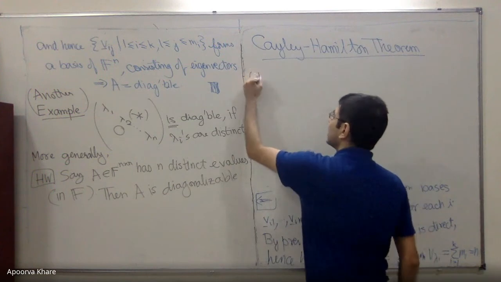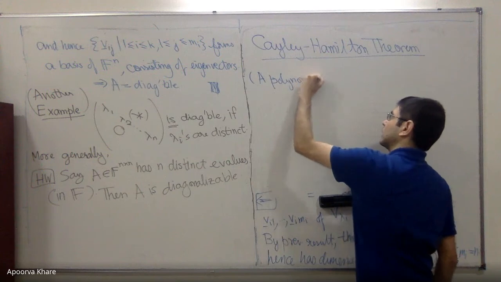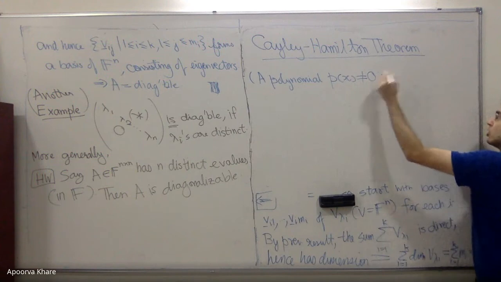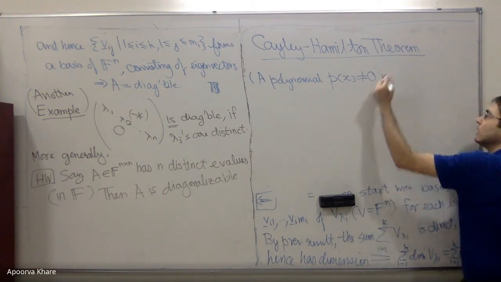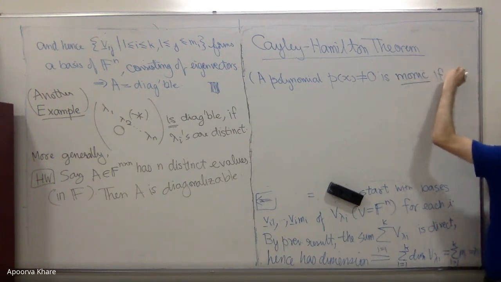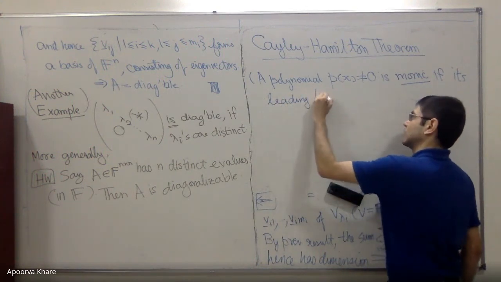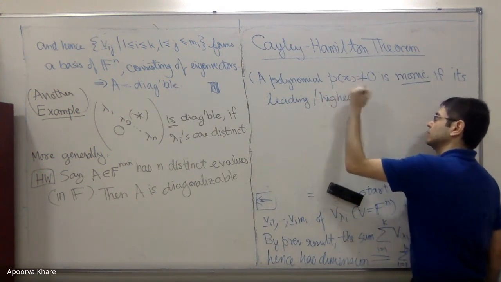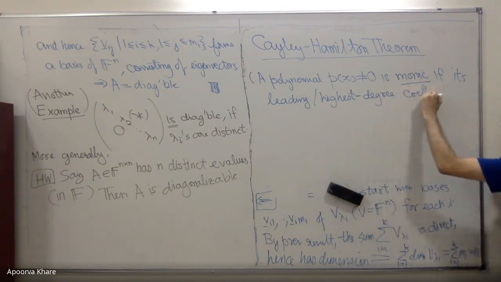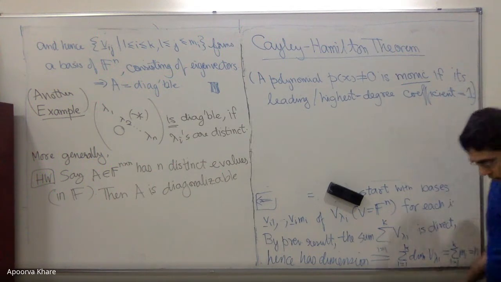So let me just mention that. A polynomial is monic. Of course, it has to be non-zero in order to have a top degree coefficient. It's monic if its leading coefficient, or highest degree coefficient, is 1.